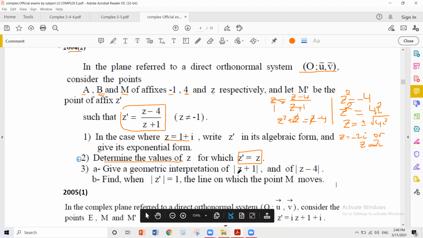Part 3. Give a geometric interpretation of modulus of Z plus 1 and of Z minus 4. What is the geometric interpretation of modulus of Z plus 1 and that of Z minus 4? Which distance is Z plus 1?